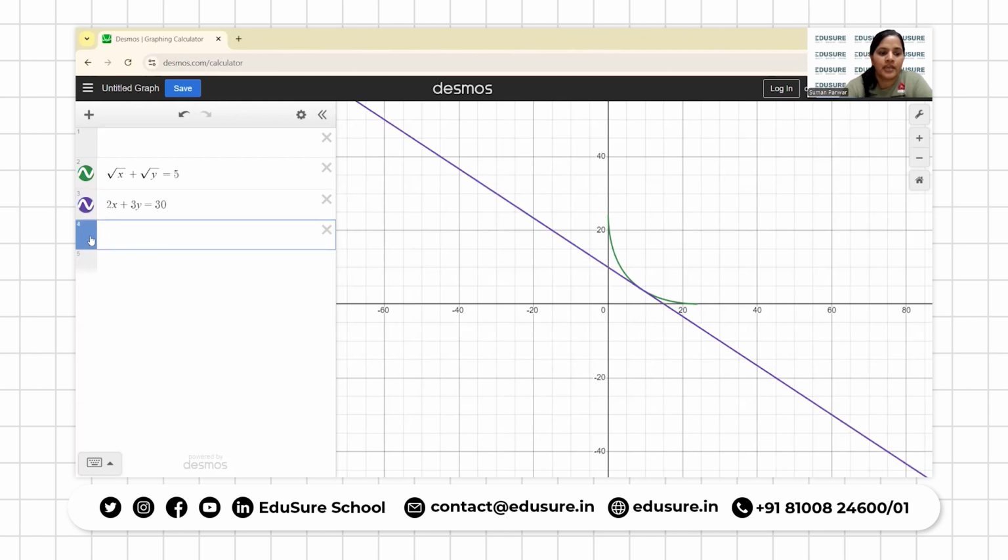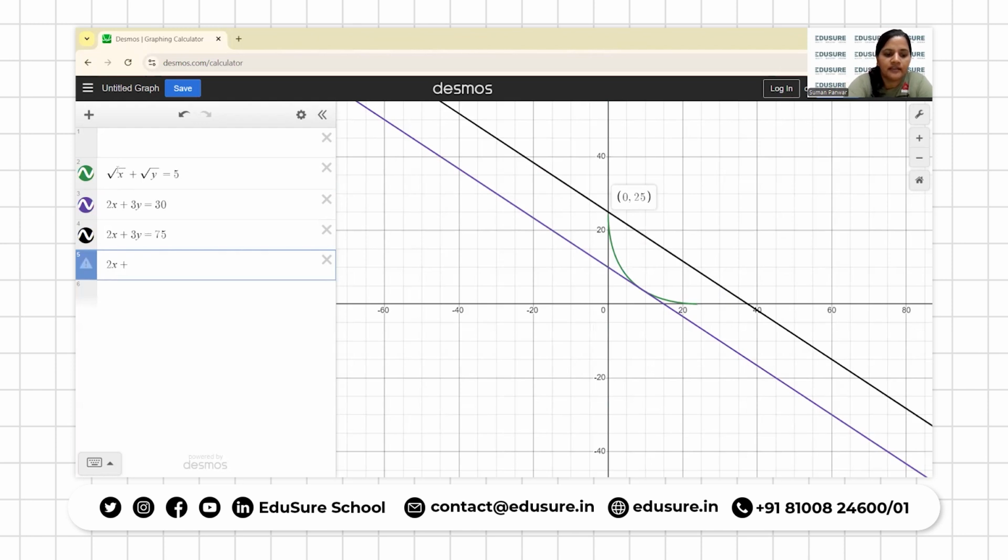If we plot 2x plus 3y equals 75, we notice that we are getting a maximum value at (0, 25). Similarly, we can see how the graph of 2x plus 3y equals 50 looks, that is our red line. You can see that the maximum value of 2x plus 3y satisfying the constraint root x plus root y equals 5 occurs at (0, 25), and the minimum value occurs at (9, 4).